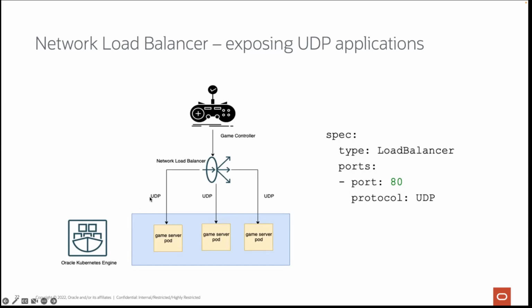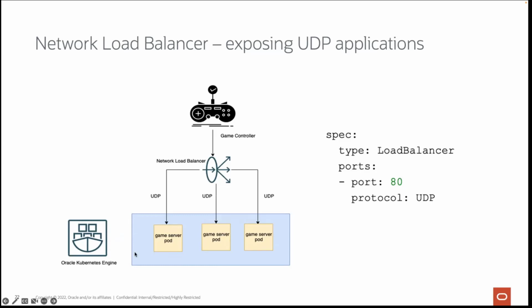For example, there is a gaming enterprise that wants to deploy a UDP-based game server on, let's say, OKE, and they want to use a network load balancer to load balance the traffic. The architecture could look like this: you have an OKE cluster with a node pool of Oracle Linux instances, which are powered by ARM-based Oracle processors.